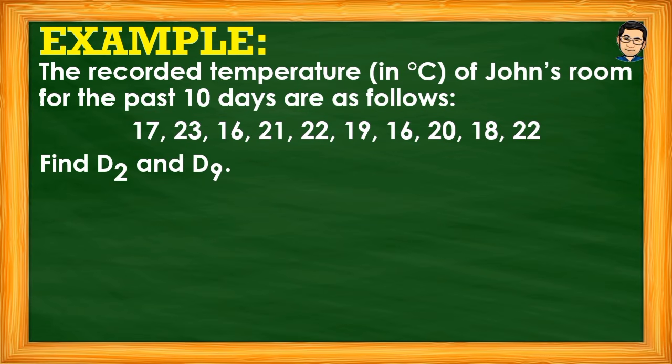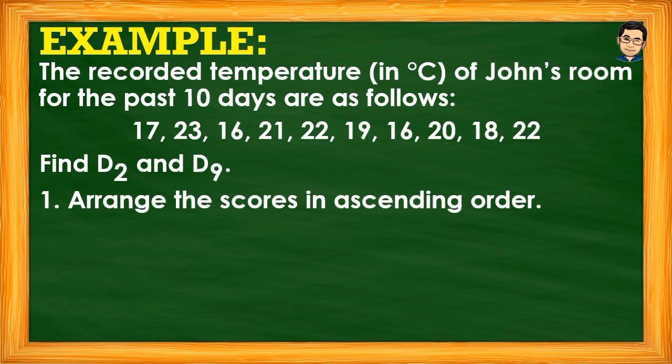The first step is to arrange the scores in ascending order. Here, we are looking for D sub 2 and D sub 9, the second decile and the ninth decile.